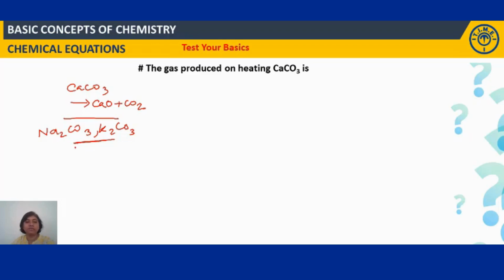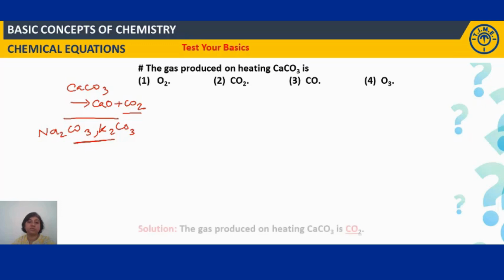As of now, sodium carbonate and potassium carbonate, since you are familiar with these salts, on heating do not release any carbon dioxide gas. They are highly thermally stable. So most of the carbonate salts, when you are heating, release carbon dioxide gas. Fine. Okay, so we'll move on to the next question. So answer is carbon dioxide, choice is 2.